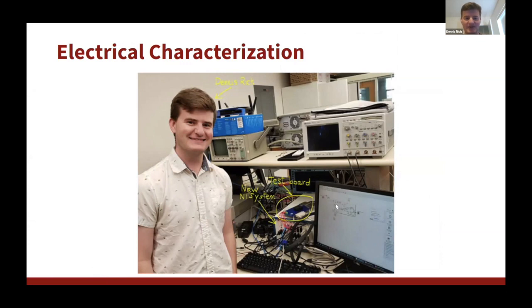And there you can see some of the equipment I work with. On this test board is the chip itself, and inside the chip are all these phase change memory cells. And this system right here is how I interface with that and apply electrical signals to the chip itself. And that's me on the left.